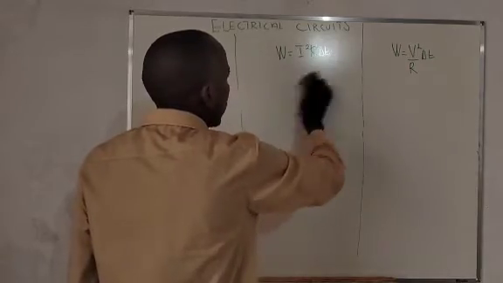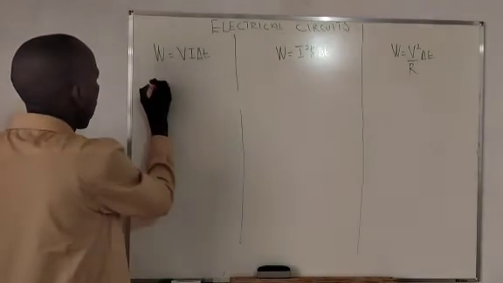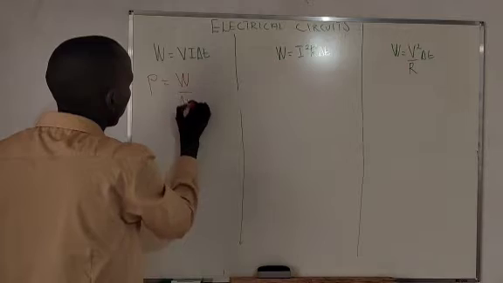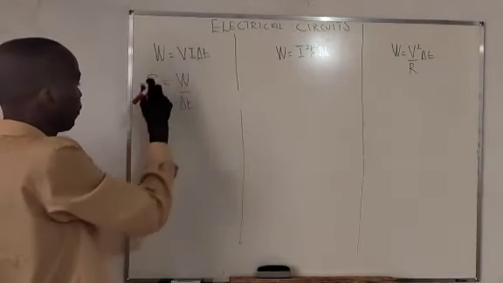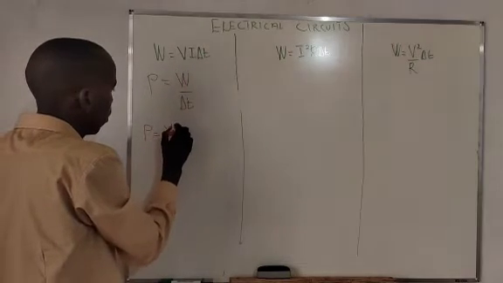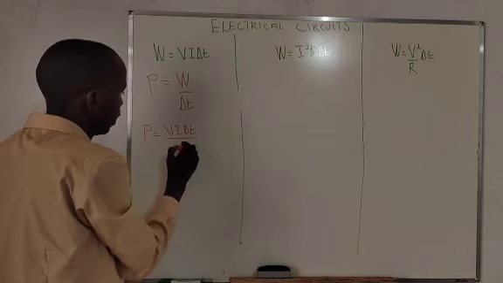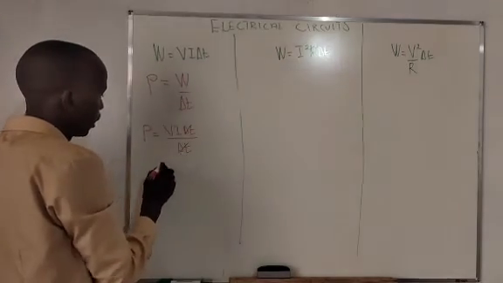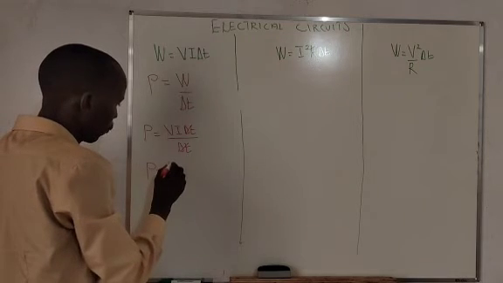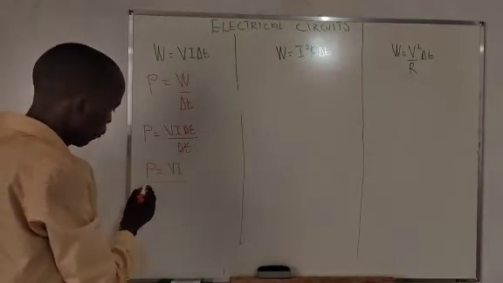We want to know how we can calculate power when given energy or work. So power is the rate at which work is done. In the first case, work has been expressed as V times I times delta T, and we divide by delta T. So we cancel out the delta T. Then P is equal to V times I. So this is the first expression for power.